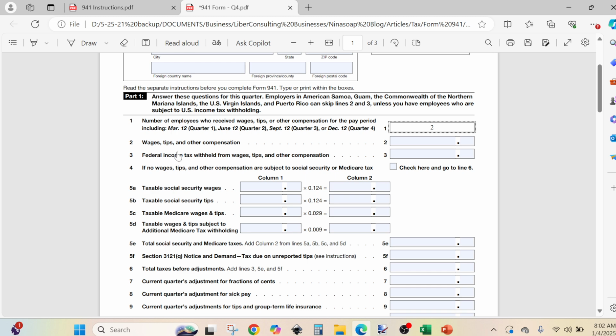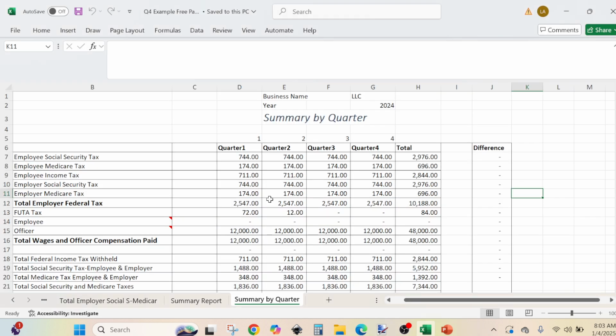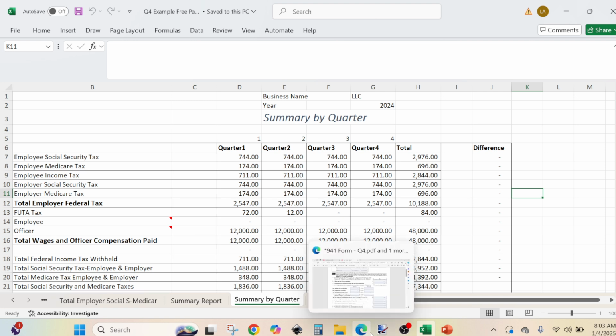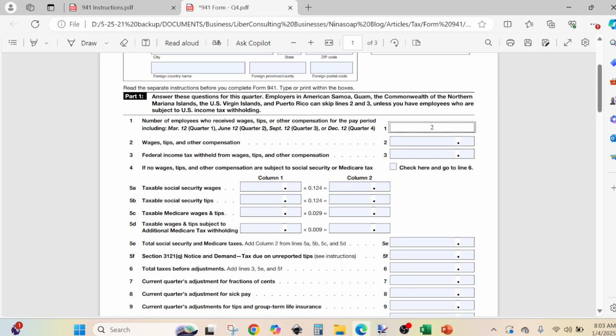So wages, tips, and other compensation. So we'll go to our payroll report. In your case, if you didn't pay any payroll during quarter 4, then you put 0 for the number of employees, and then you put 0 and 00 for that.